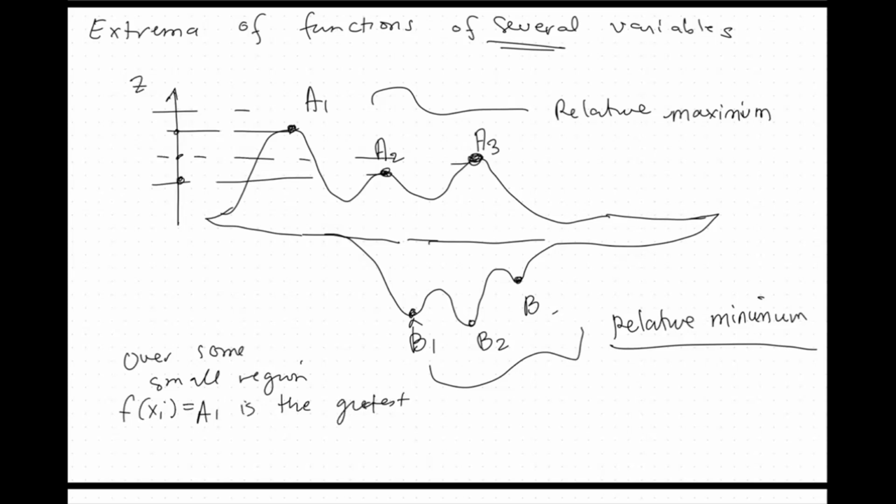Over that small region, in this case, suppose this is just the small region in the xy plane. So here is the function value of a. Here, a1 is the greatest, f of xi. Suppose this is xi, yi. In this small region, the function value is the greatest.